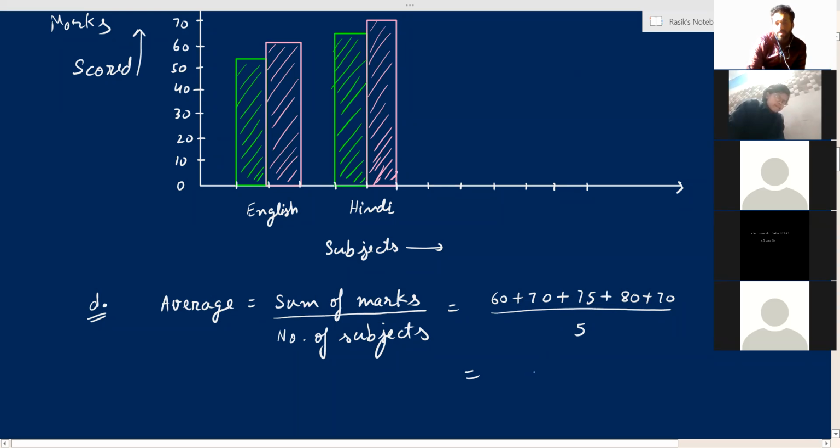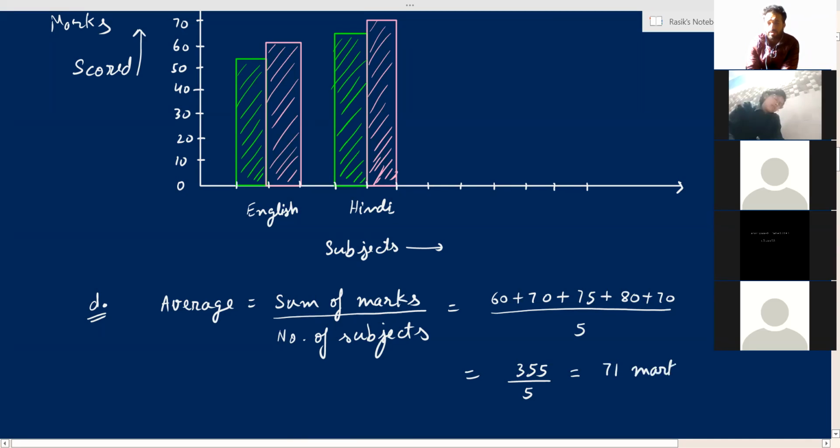The sum is 355, I think. 355 upon 5. So when you divide 355 by 5, you get 71 marks.